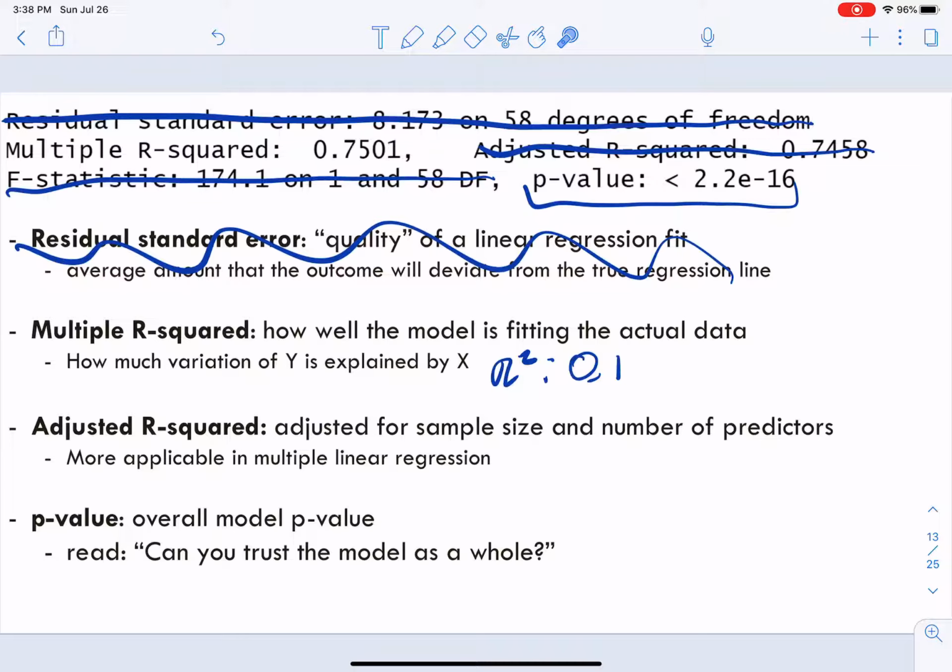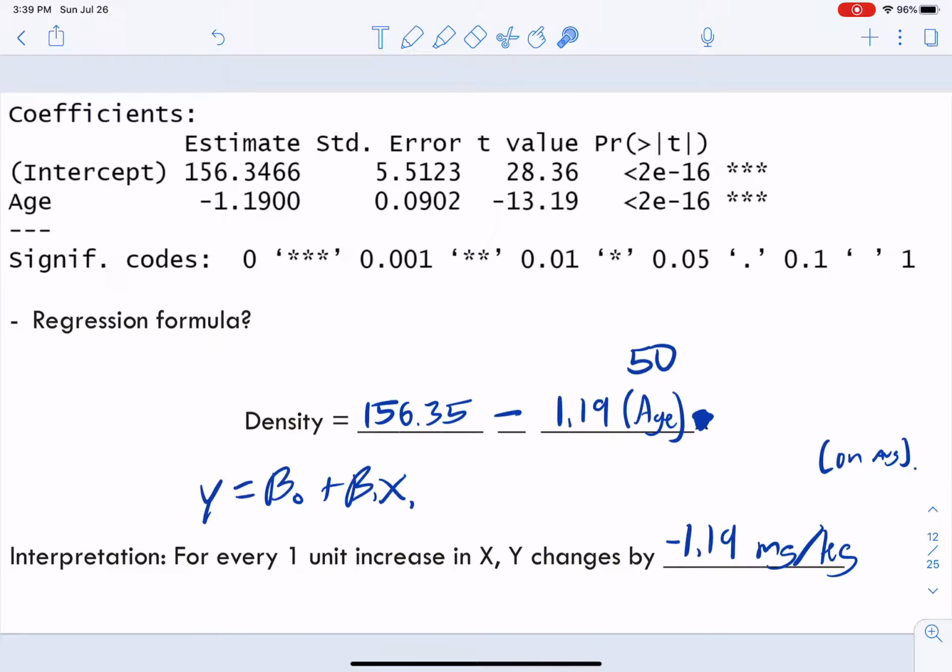Adjusted R squared, you can read that for yourself, but that's the next class, that's stat 3050. And then we get a p-value for the whole model. So we get p-values here, and this is what we care about, big time. We care about these two p-values, a p-value for each. Can we trust that this value is close to the actual value? If this is less than 0.05, then yes.